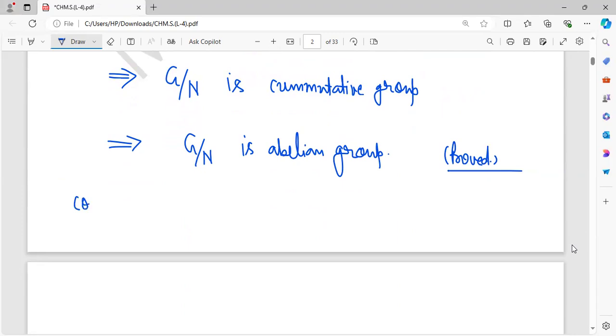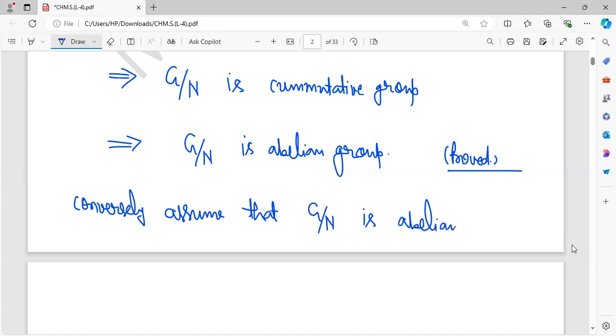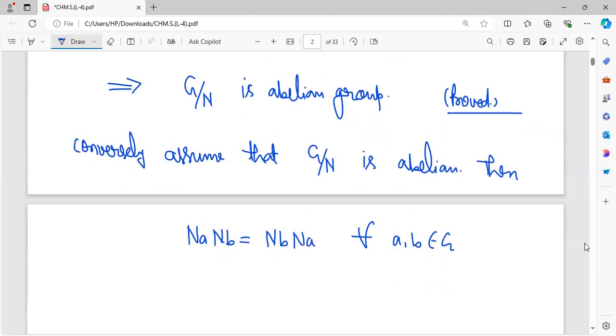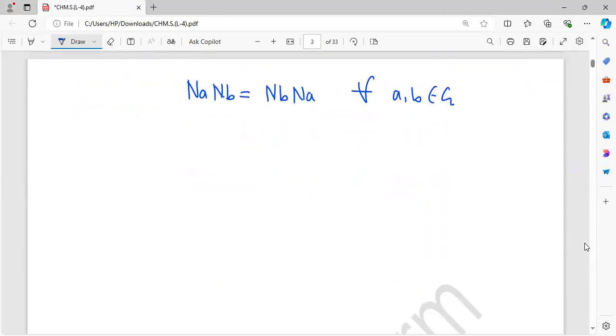Conversely, assume that G quotient N is abelian. Then NA times NB is equal to NB times NA for all a, b belonging to G. How can we write this?